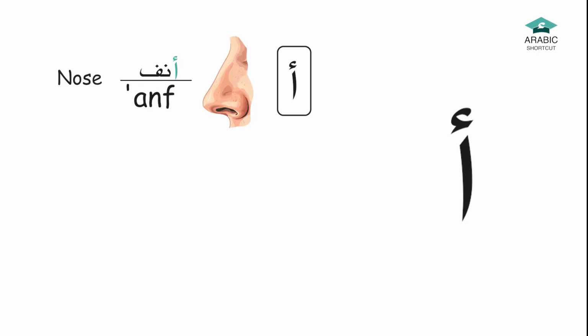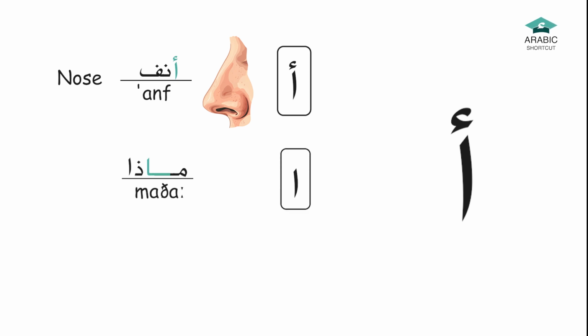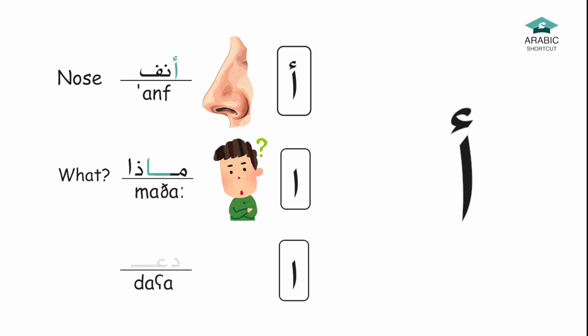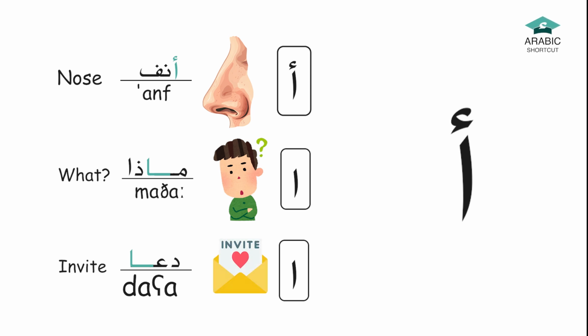It only has one form, no matter where it is in a word. أنف, nose, pronounced أنف. ماذا, what, pronounced ماذا. دعا, to invite or call, pronounced دعا with a quick stop at the end.